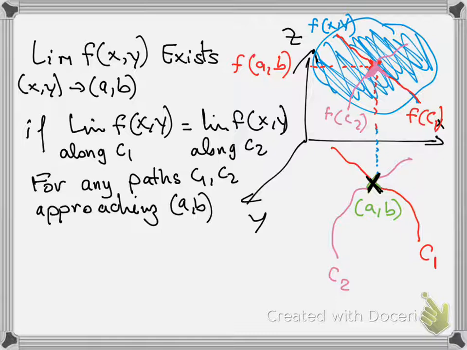And in order for the limit to exist, you need the limit to be the same for any path approaching AB, okay? Now, in practice, how do we find the limit? Well, let's do a couple of examples here.